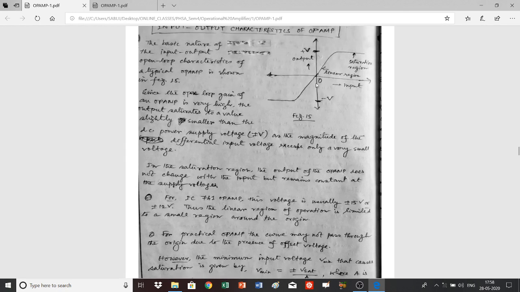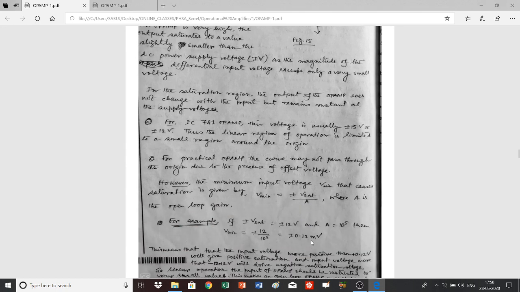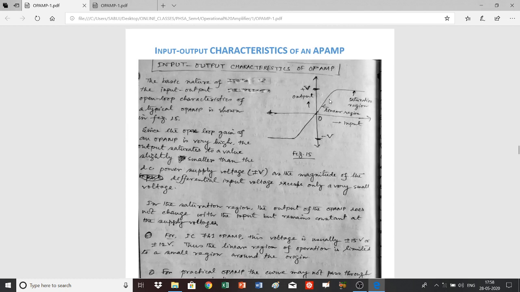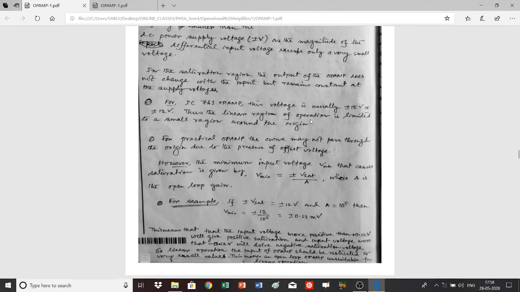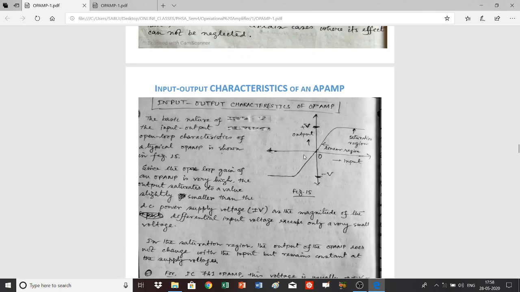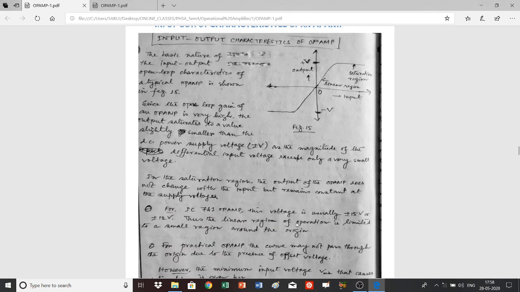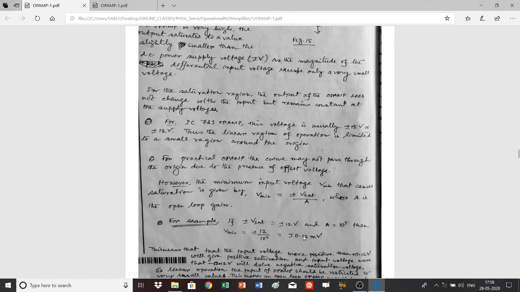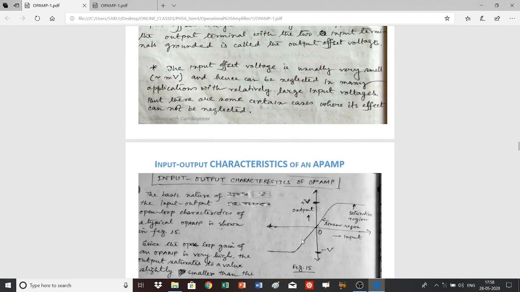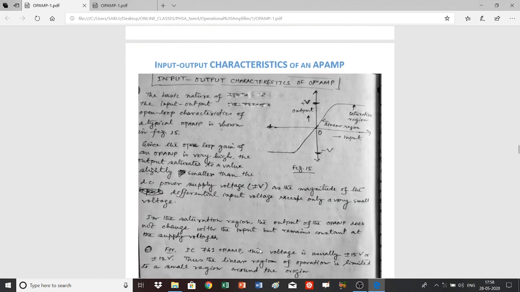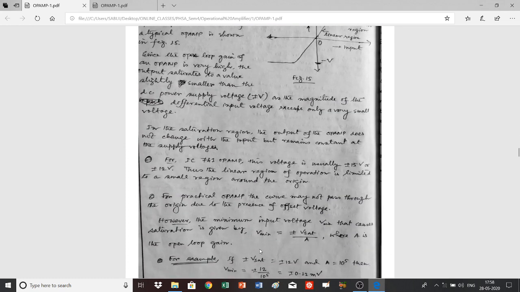So whenever you increase the difference voltage beyond 0.12 millivolt, the output will reach the saturation value. Conversely, in the negative direction, whenever you go beyond minus 0.12 millivolt, it will again reach the saturation value. So, in the case of linear operation, open loop.